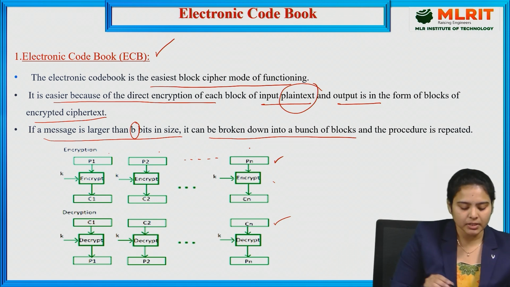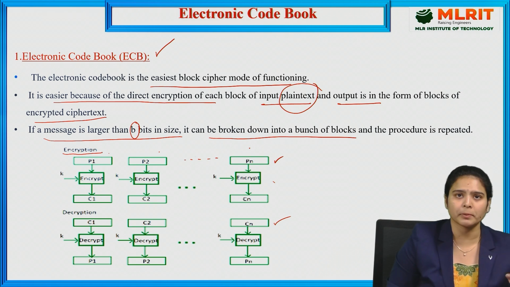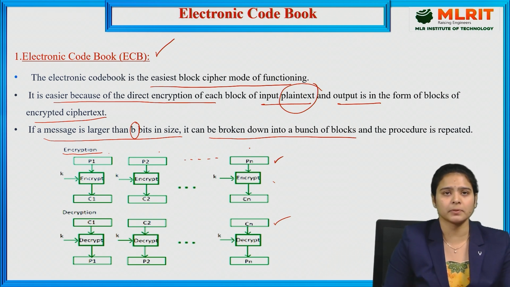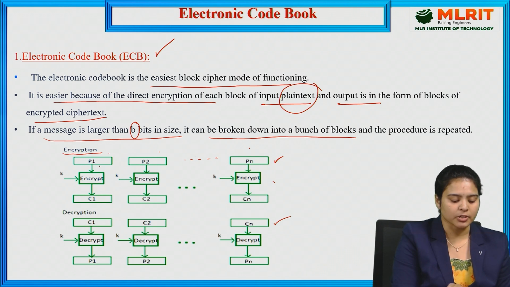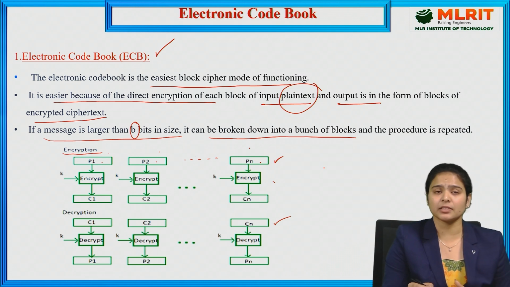For example, in this diagram, we are going to discuss only two purposes: one is encryption and the other one is decryption. The first purpose is the encryption. Here encryption consists of plain text 1, 2 and up to plain text n. We give the input of plain text and we take the output of ciphertext.